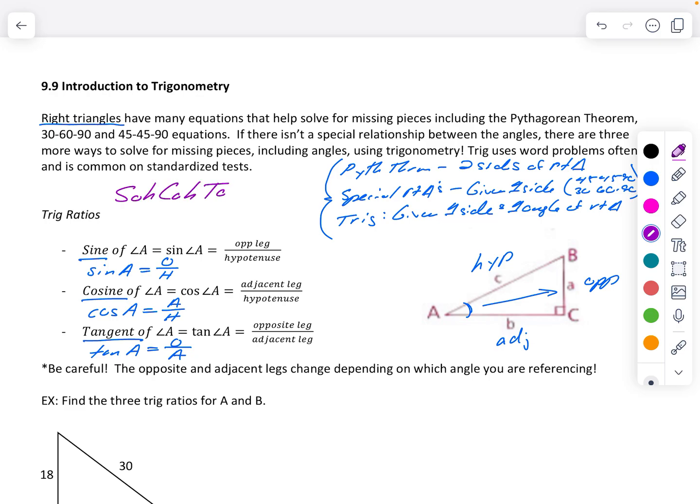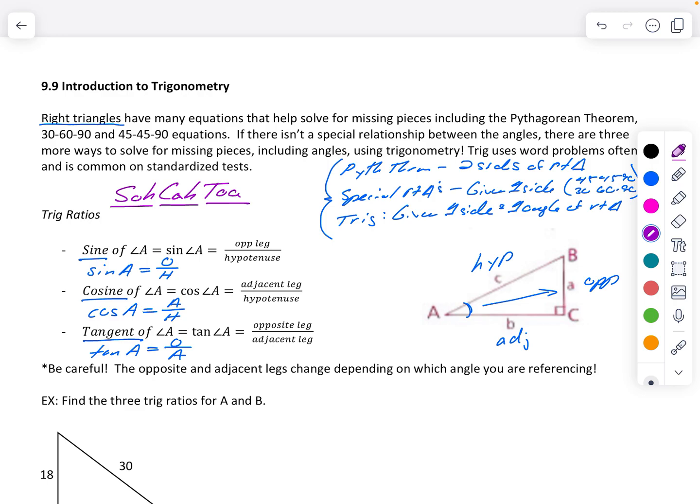It sounds like some old Native American expression or something. SOHCAHTOA. So you can see that sine is opposite over hypotenuse, SOH. Cosine is adjacent over hypotenuse, CAH, and tangent is opposite over adjacent, and that's where the TOA comes from.